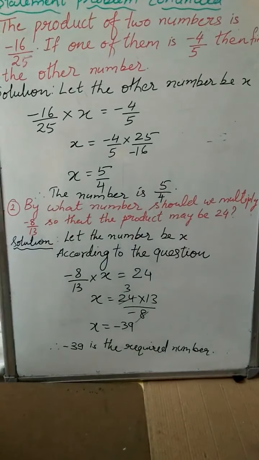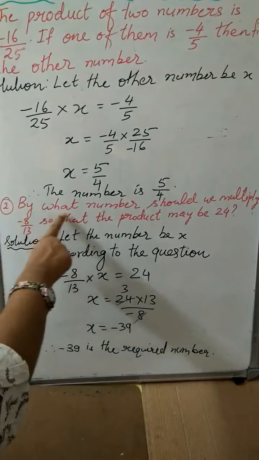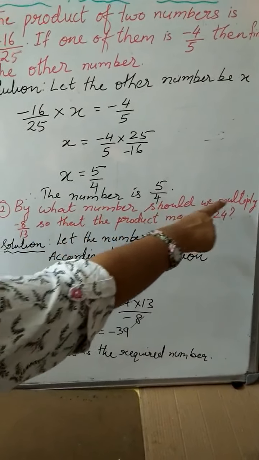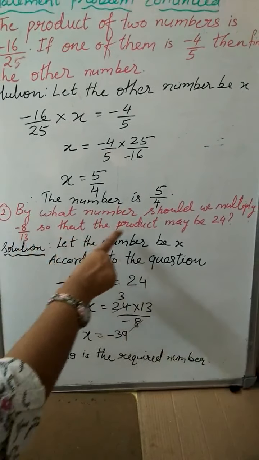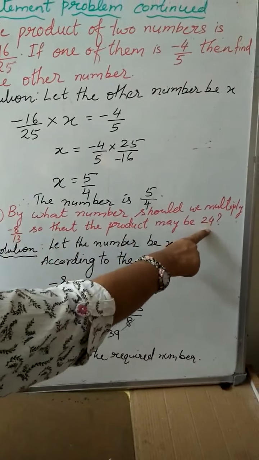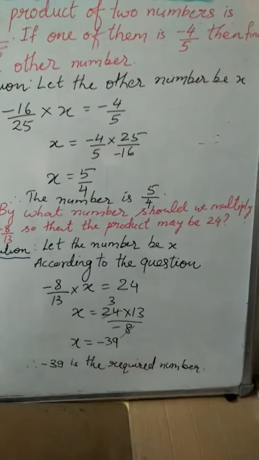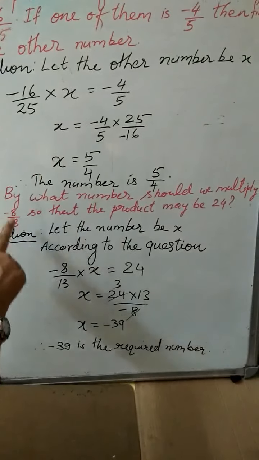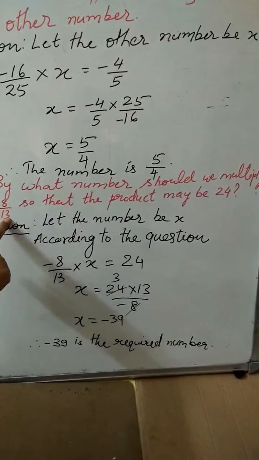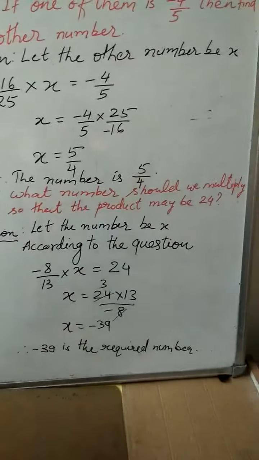Now next question. By what number should we multiply minus 8 by 13 so that the product may be 24? So again, we have to find a number which should be multiplied by minus 8 by 13 to get 24.